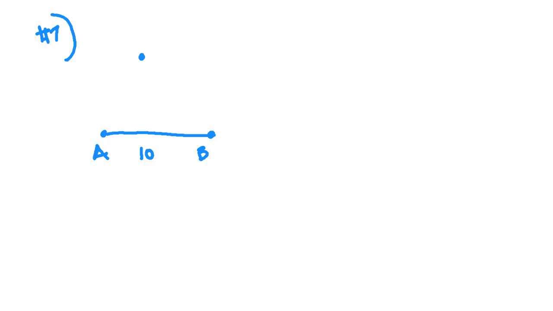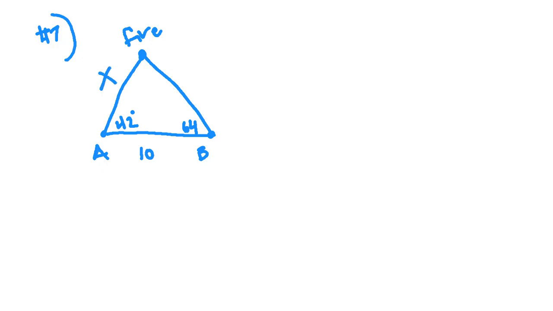So these people see the fire, here's the fire, at a 42-degree angle. Tower B spots the same fire at 64 degrees. How far from Tower A is the fire? Okay, so we're looking for this length right here.